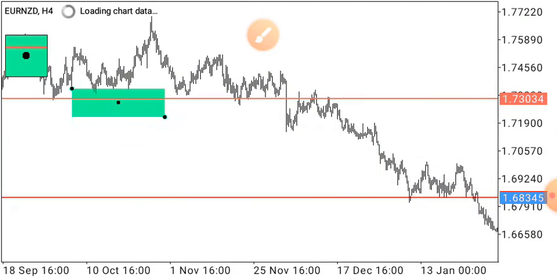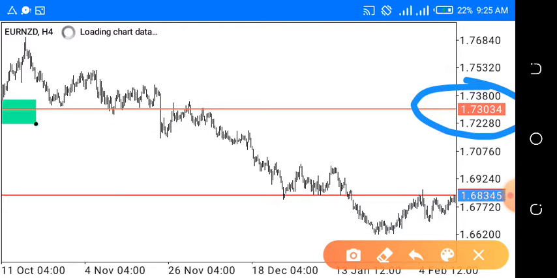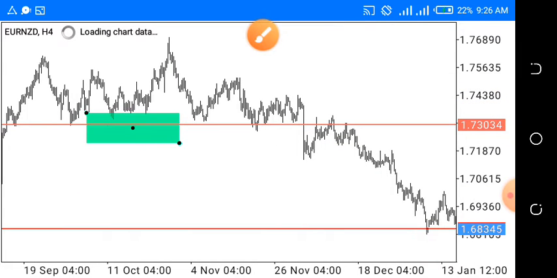You can't use a single line because support is not an exact number. You can see they are calling 1.73034 a support. Meanwhile, different brokers give different prices, so you can't call a support a single figure.